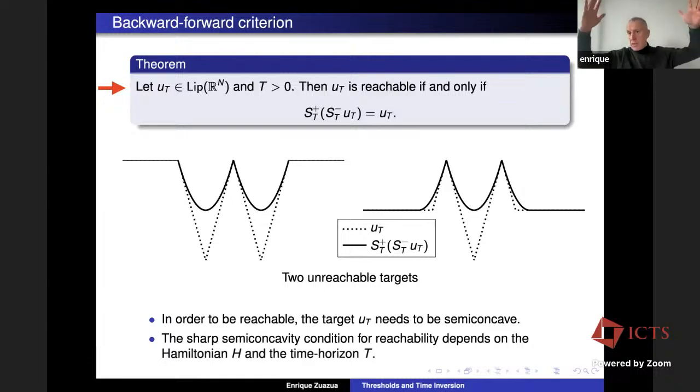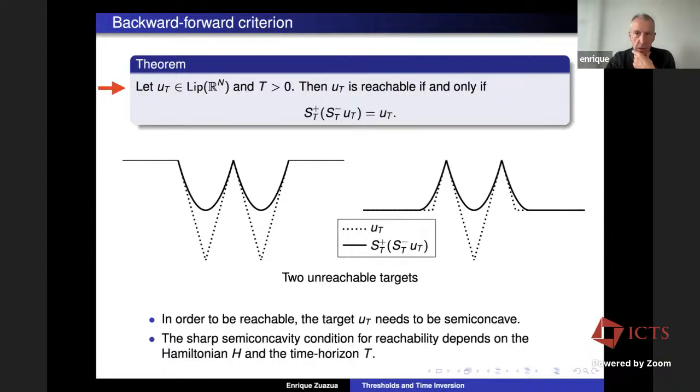Of course, we know that the set of reachable targets, in particular, is conditioned by the upper bound u_x less than C over T. But this is a pure test, okay? Very good. So here, I'm showing you two unreachable targets.